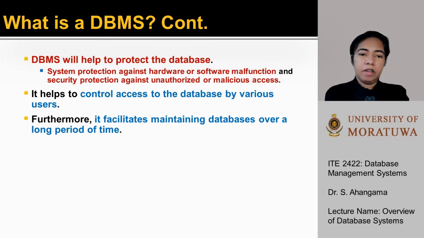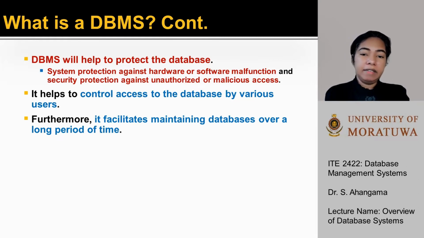A database management system will help to protect the database. Protection includes system protection against hardware or software malfunction or crashes, and security protection against unauthorized or malicious access. It helps to control access to the database by various users.